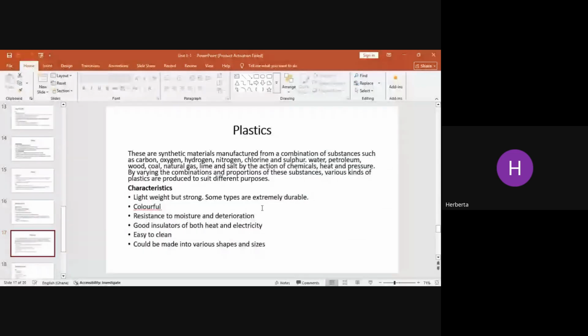So the combination of these ingredients, these gases, gives variation of plastics that we have at the market.